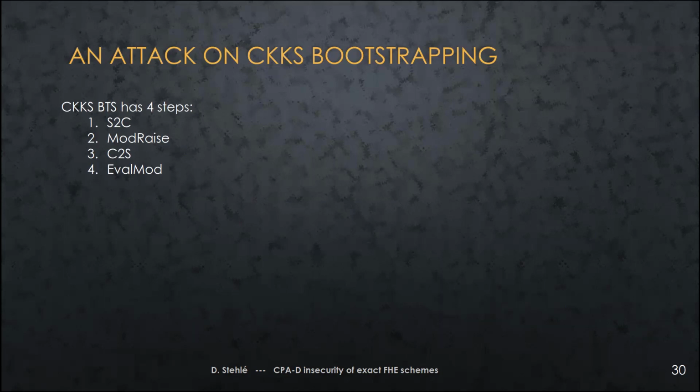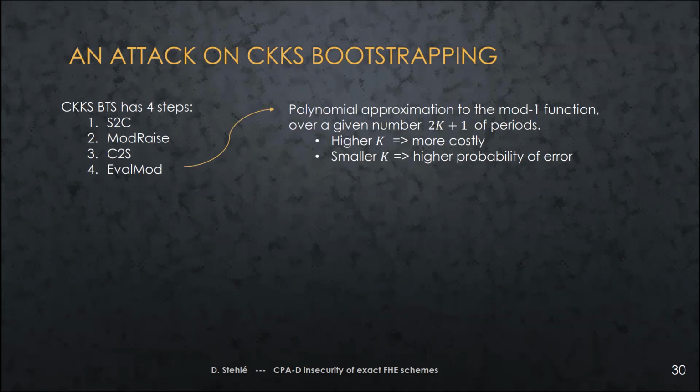So I'm going to focus on eval mod. This is the step that we are going to look at. Eval mod is implemented by a polynomial approximation to the mod 1 function over a given number of periods. Let's call the number of periods 2k plus 1, because it's symmetric around 0. The higher k, the more costly this gets, because we need a polynomial approximation of higher degree.